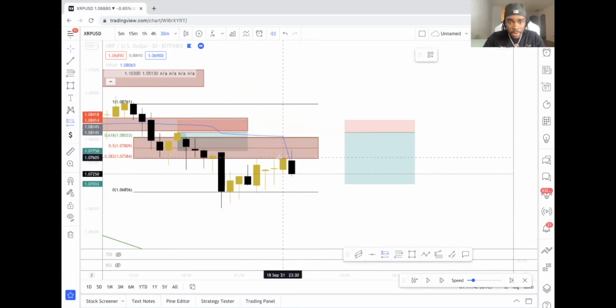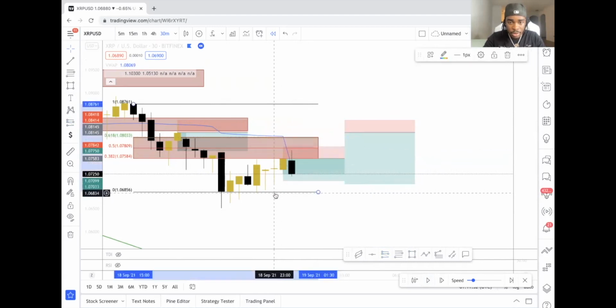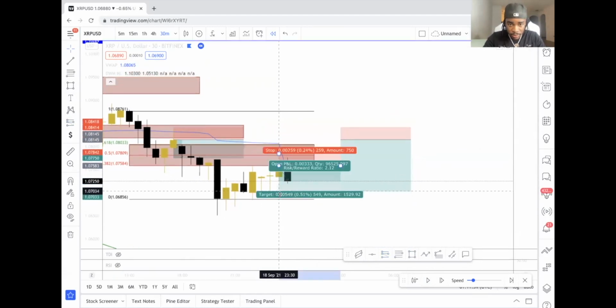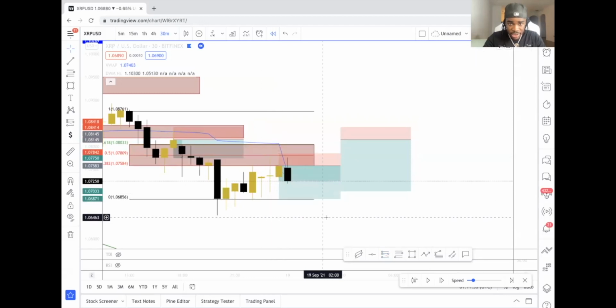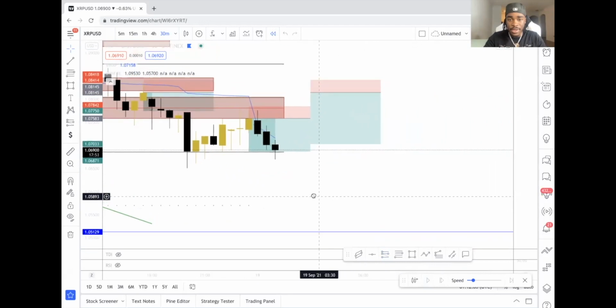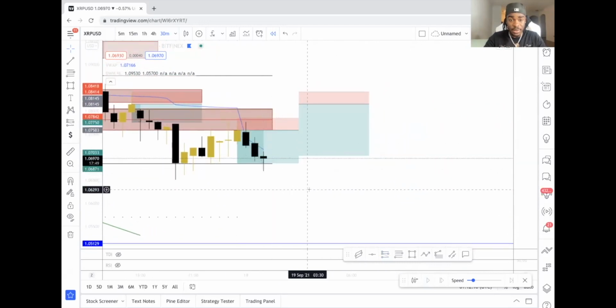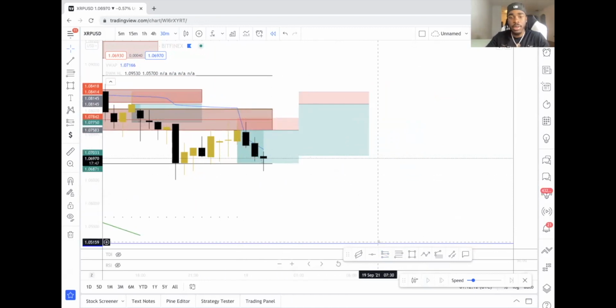Either way, you put your stop loss above the wick, first TP right here, you're good. And that's where we're at right now. Look at this, guys, beautiful. Fibonacci retracement. It goes straight to your TP, no drawdown. Oh my God, I found the Holy Grail.